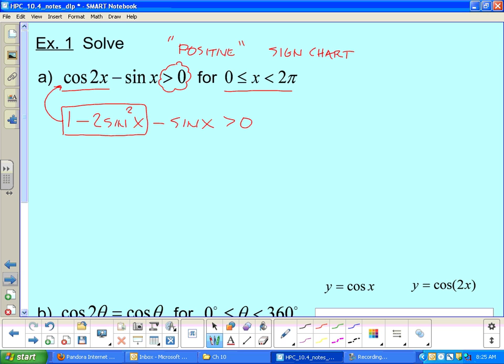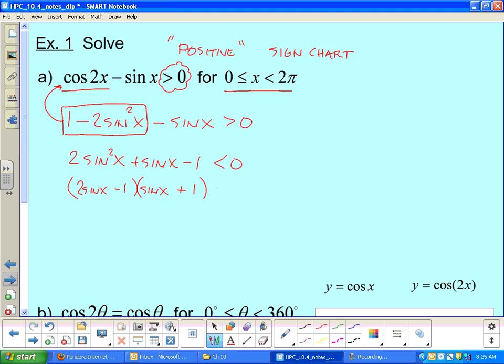So if I divide everything by -1, I get 2 sine squared x plus sine x minus 1, and then I'm having to switch the direction of that inequality sign. And then here I can look at this and see that this factors. So we have 2 sine of x and sine of x, and I want a positive 1 sine x, so I'm going to go plus 1, minus 1.